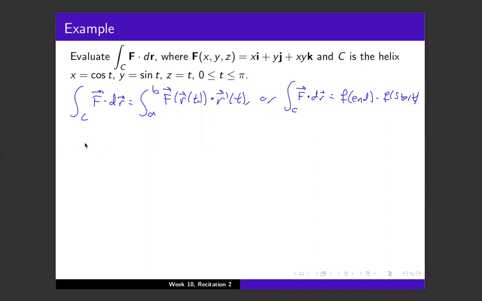Let's see if that works out. Well, we would like to use the second formula here.